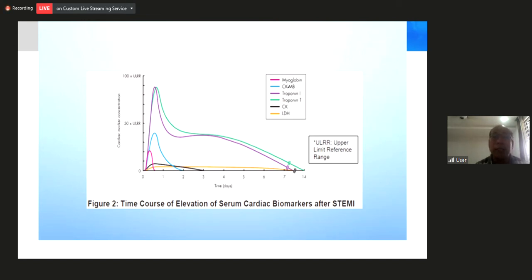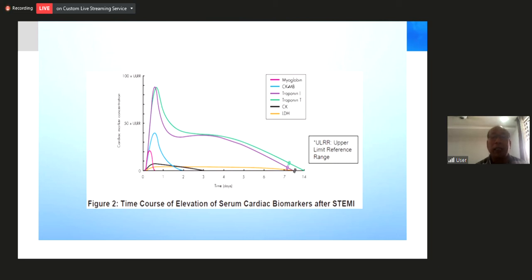You can see here, for example, normally it peaks here. CKMB rises within half an hour, and then within 2 hours it has already diminished. That's why if at about half an hour you do CKMB and see it elevated, then you can say this is some myocardial injury. In the case of troponin I or troponin T, they peak close to 1 hour, and after that they diminish, up to 14 days.